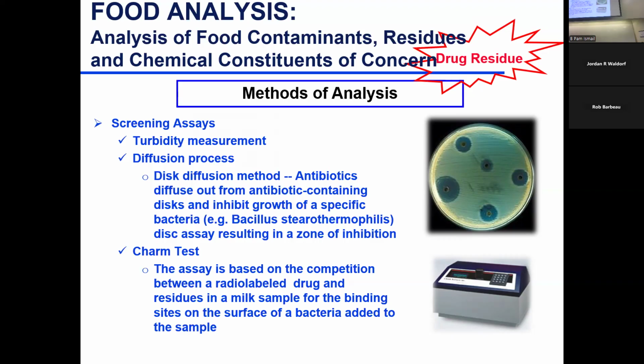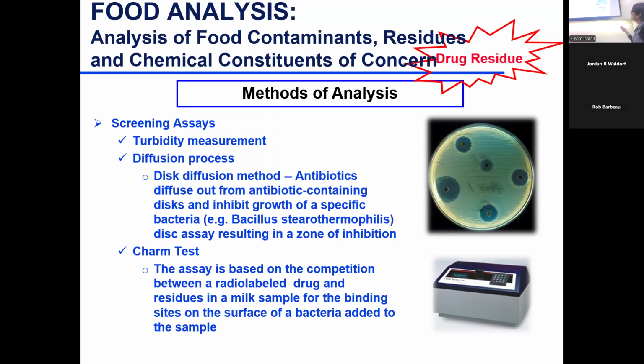So the turbidity will not increase over time if you have antibiotics. That's one. Another common one is what we call the disc diffusion method. So you have your media, you put your particular microbes, and then there are small discs that have, let's say, the milk sample in them, a little bit of milk in those.